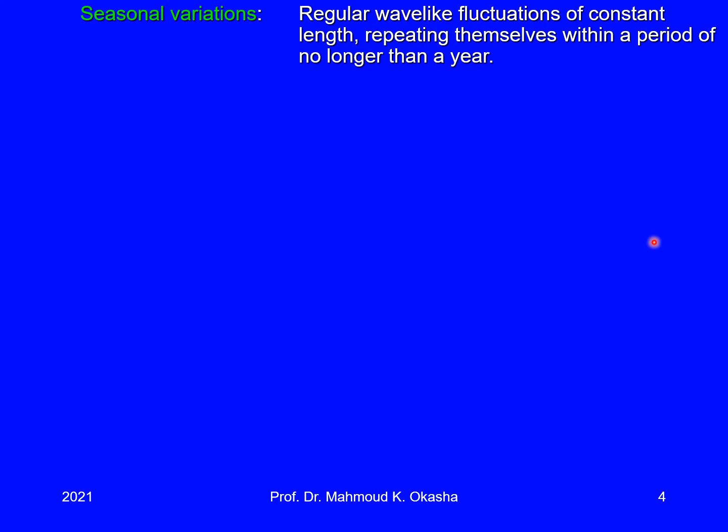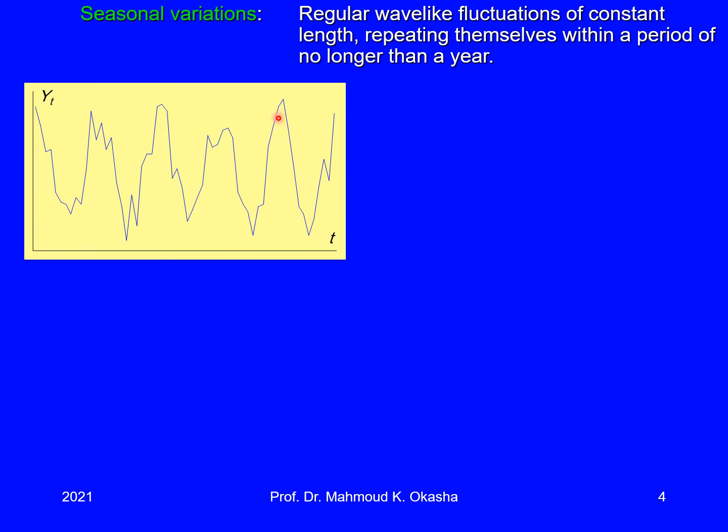That's what we call the seasonal variation, right? And the curve of this time series will look like that, a short-term, regular variation. These are what we call the seasonal variation.